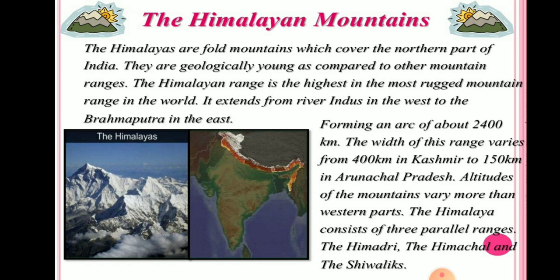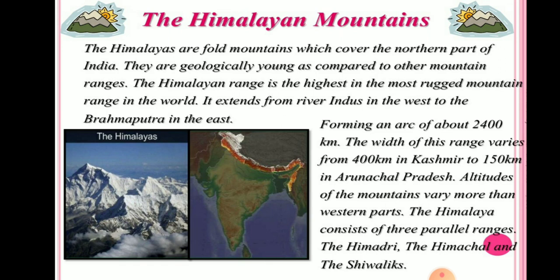They are geologically young as compared to the other mountain ranges in India. The Himalayan range is the highest and the most rugged mountain range in the world. It extends from the river Indus in the west to the Brahmaputra in the east. Let's have some more characteristics of the Himalayan mountains.